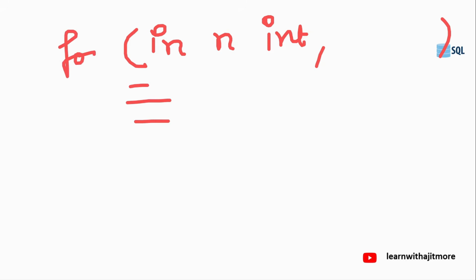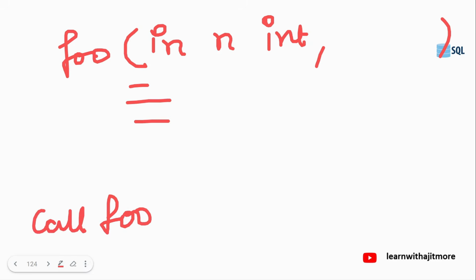Suppose this is your procedure foo. When you call that procedure with the CALL instruction, you pass some value and it gets copied here. See, CALL foo(5): 5 is copied into n, and you can use that n inside, but you cannot modify it.